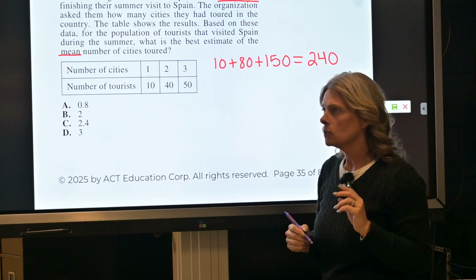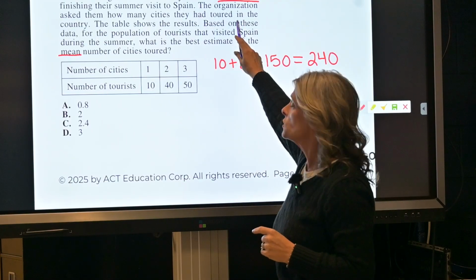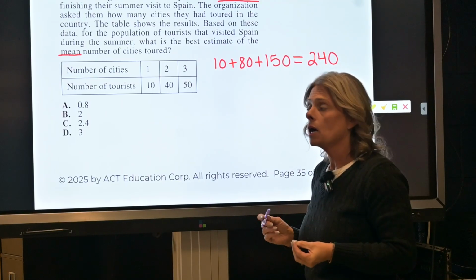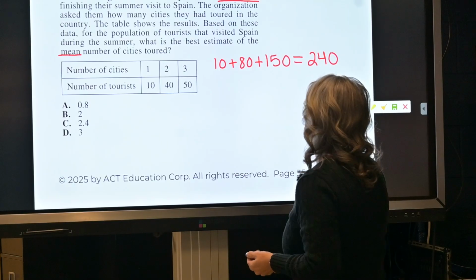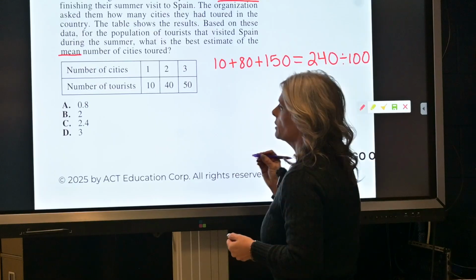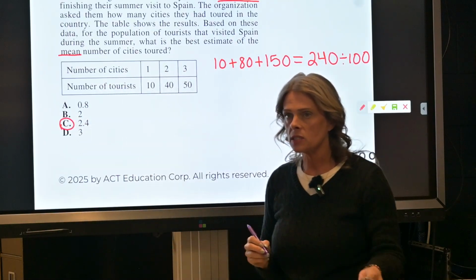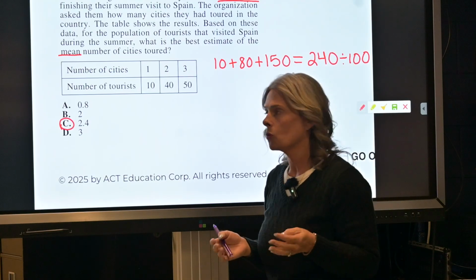And then how many tourists were there? 100. So we need to divide this by 100 so we can see how many cities each tourist visited on average, okay? So 240 divided by 100 is 2.4. Okay, so each person that went to Spain for vacation visited approximately 2.4 cities, okay?